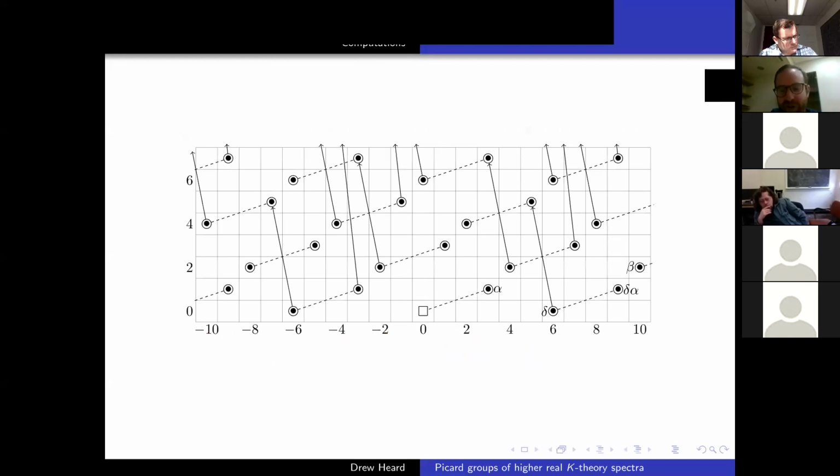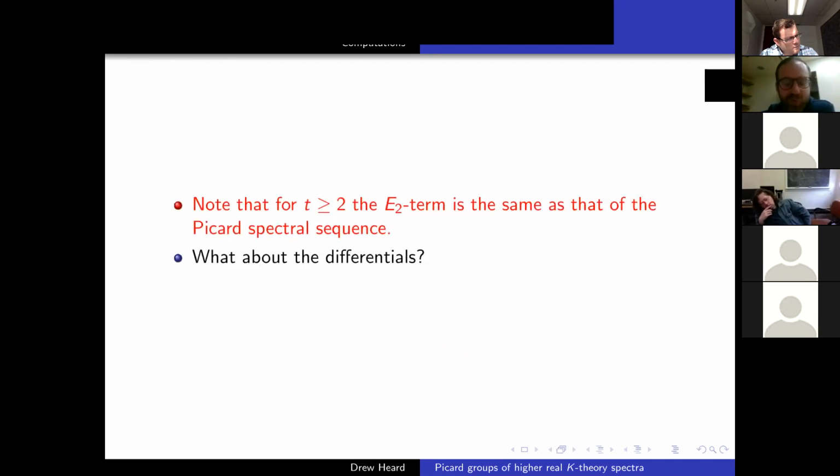Okay, so here's the picture when n equals 2, p equals 3. You can see this class alpha, the class beta, and this class delta. If you've looked at these charts before you might have seen them, but if not, it's probably not telling you much, so I will just move on.